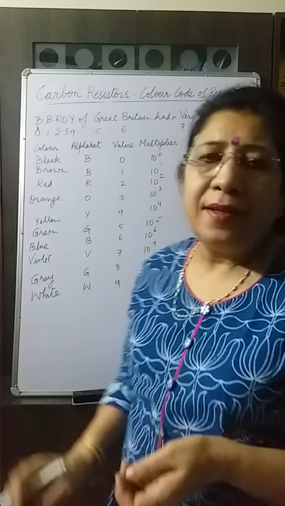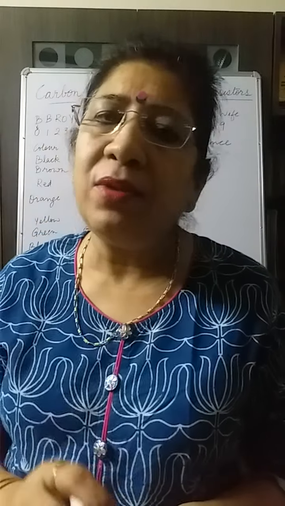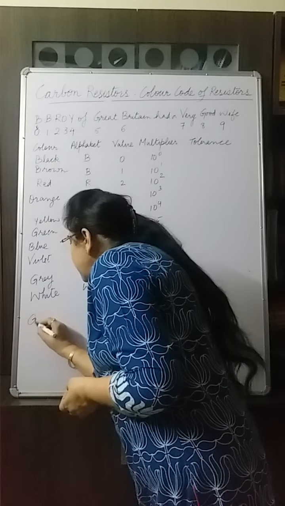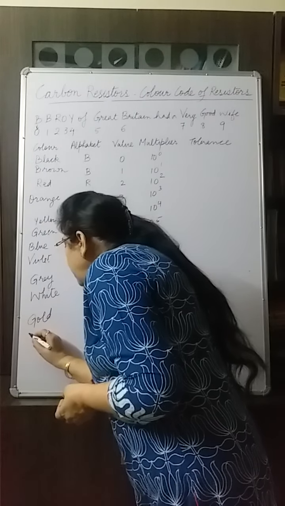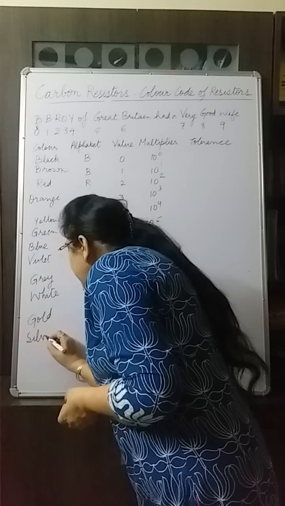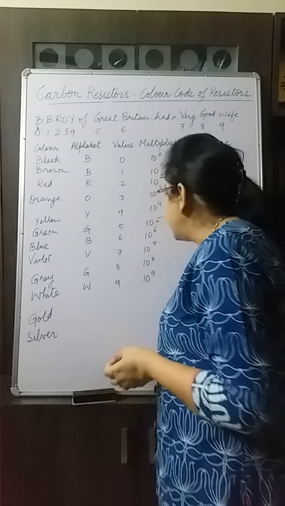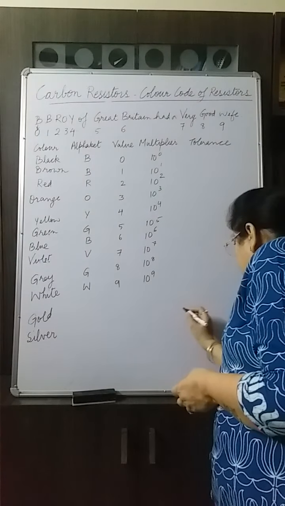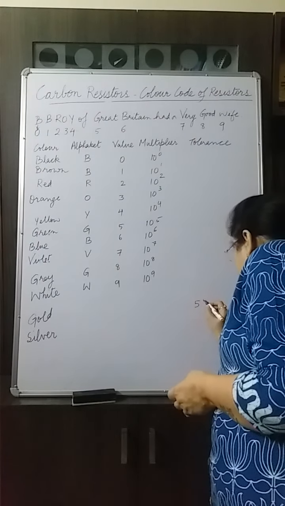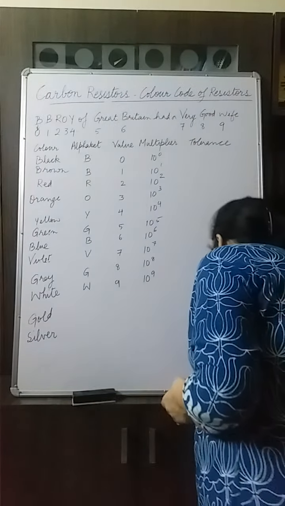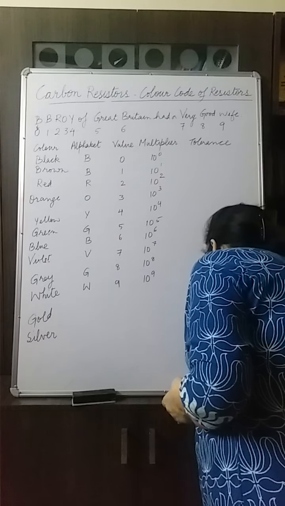Besides these, the fourth band tells us about the tolerance. It doesn't have any of these colors. It has a different color, gold or silver. Gold stands for a tolerance of 5%. If the fourth band is silver in color, the tolerance is 10%.